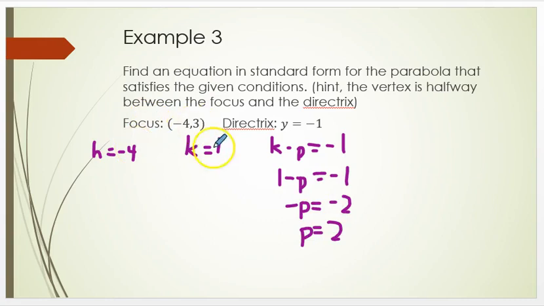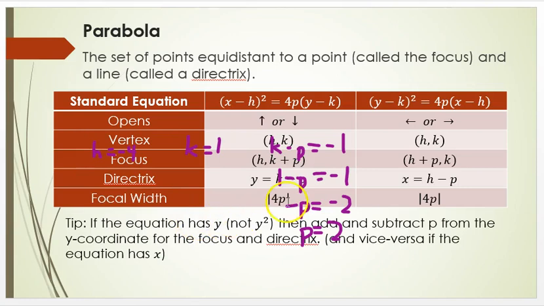So now we have those three values we need to be able to write our equation for standard form of a parabola. We have h, k, and p. We just need to make sure that we use the correct formula for it. And again, we're just trying to be consistent here. Since we were using the formulas on the left-hand side, I keep using this setup. So my rule is going to be x minus, and then the h rule was -4, so don't forget that subtracting a negative is the same as adding.